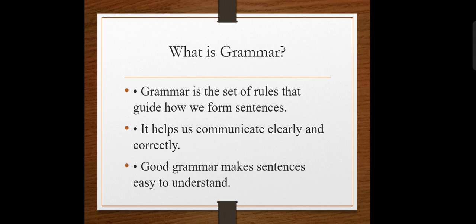Just like that, grammar is a set of rules which will help us to form sentences in order to make people understand things easily. For example, if we are saying she eats an apple, it is conveying that there is a person and it's a she, which means it's a lady, a woman, a girl.